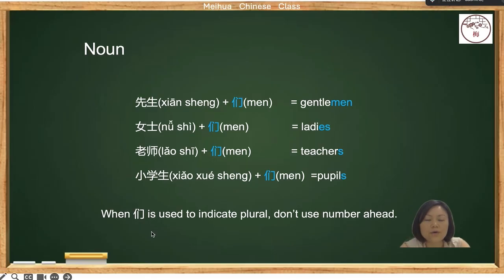So when men is used to indicate plural, don't use a number ahead. Okay, this is a tip. In English, when we see there are, if we know the number, we can add the number before the plural, right?